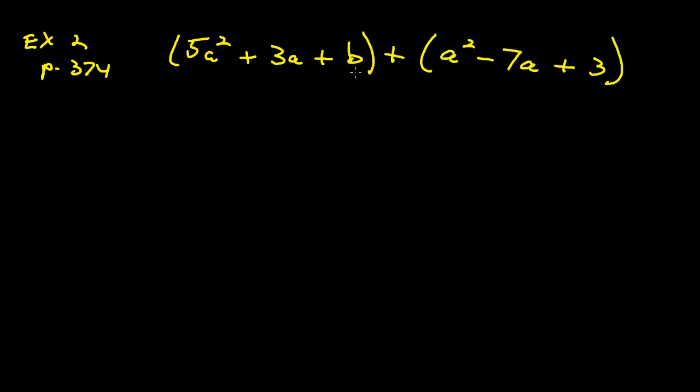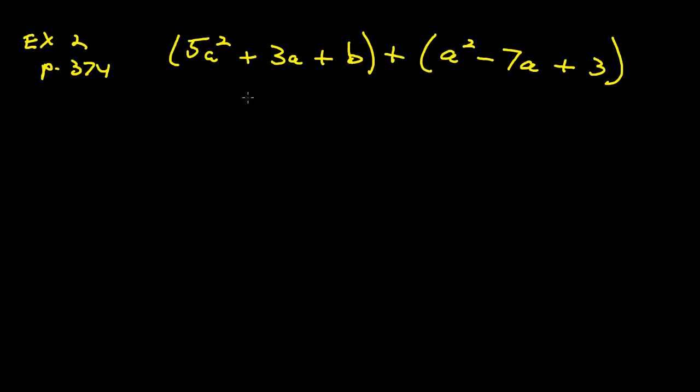Notice there's a b. There's two variables floating around here. 5a squared plus 3a plus b. There's a b there, and a squared minus 7a plus 3 has no b here. This is a trinomial of degree 2 in one variable.